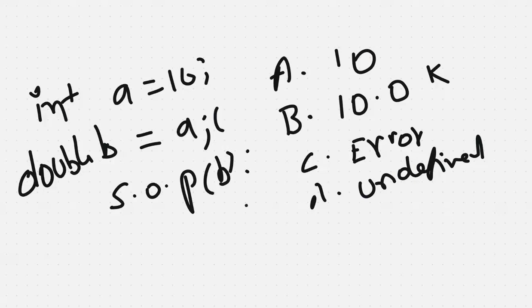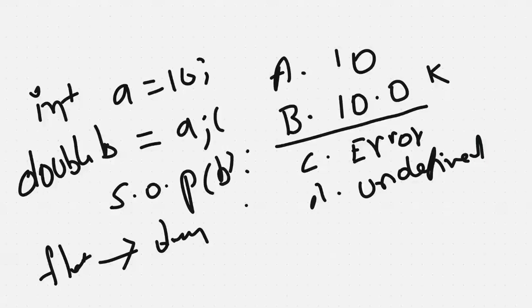Okay, so this answer is B, right? So float is a decimal type. And the next, double. So now what do we do? We convert the int to a decimal type. So you will get 10.0. Next one.